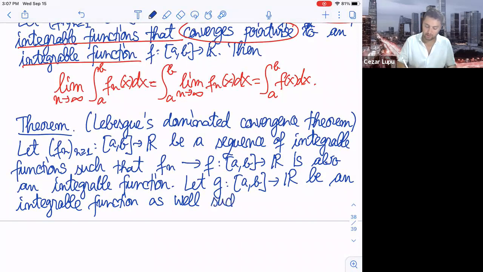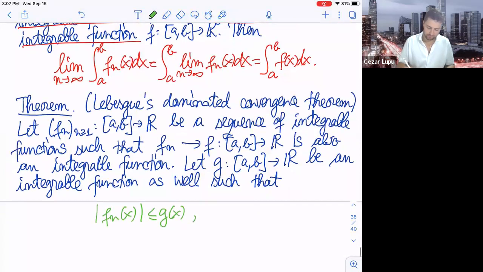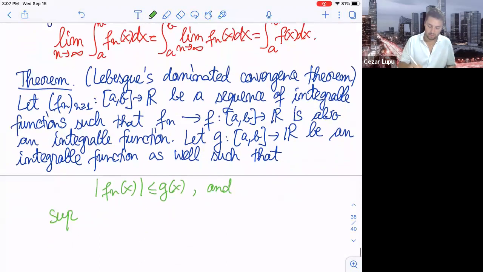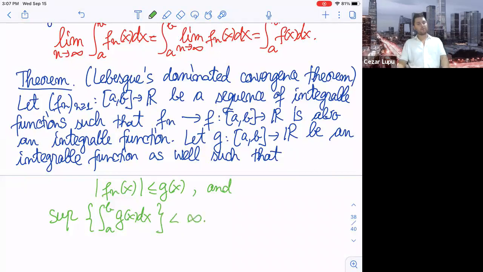Such that, and these are the two conditions that are very important, Fn of x in absolute value is less than or equal to g of x. And moreover, the supremum of this set of the integrals is finite, so the supremum cannot be infinity.